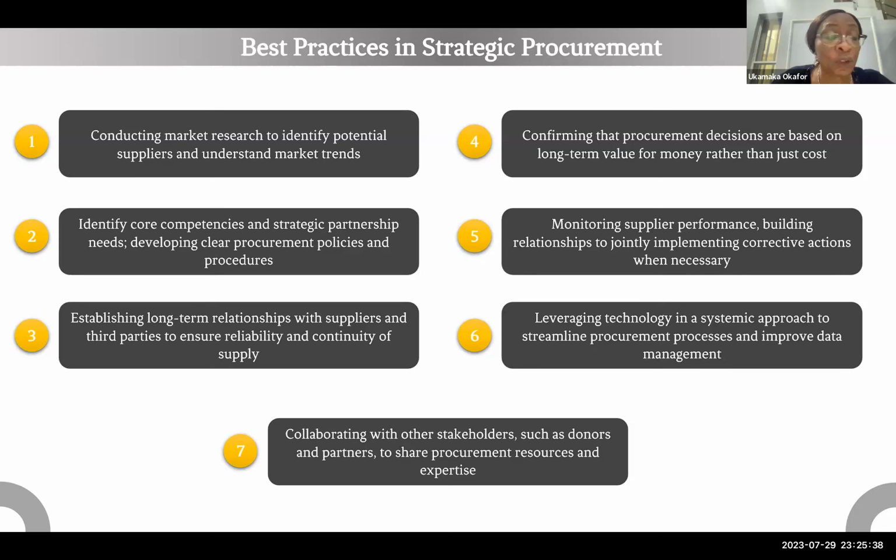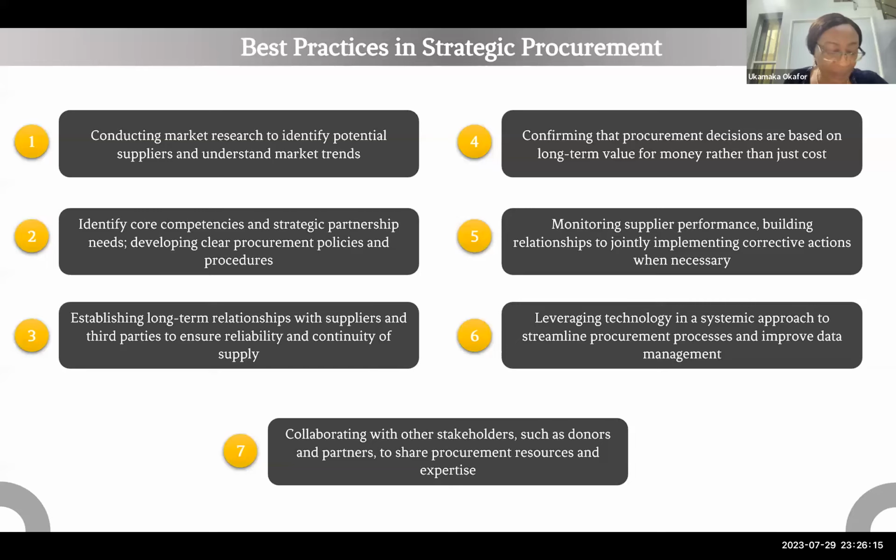Then we also identify the core competencies and strategic partnership needs, developing clear procurement policies and procedures. So the company has to develop their standardized policies. They have to define whether their core competence is logistics or procurement, or if they want to outsource their procurement to other people. Then the author has to establish long-term relationships with suppliers and third parties to ensure reliability and continuity of supplies.